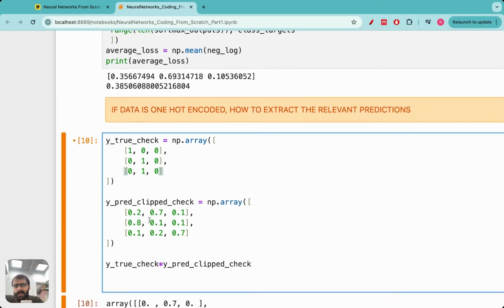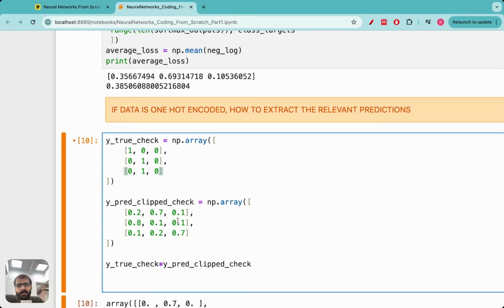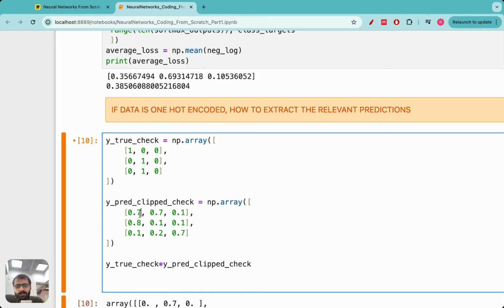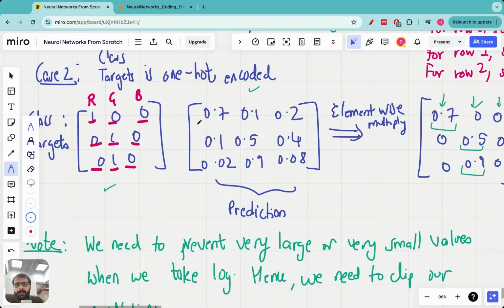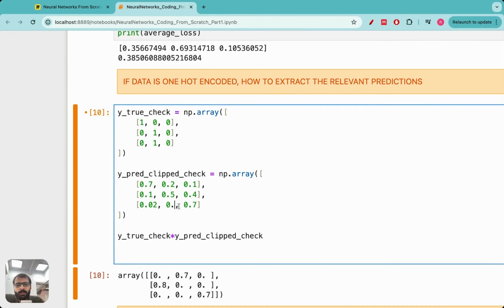So let's say this is the y true, and these are the predicted values: 0.7, 0.2, 0.1, then 0.1, 0.5, 0.4, and the third one is 0.02, 0.9, and 0.08.